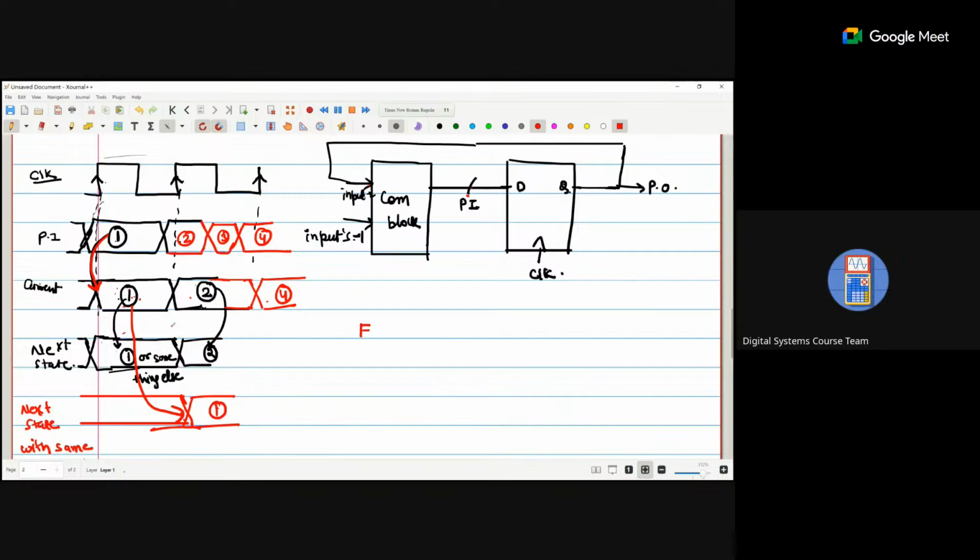Now we can implement this FSM based on flip-flops.